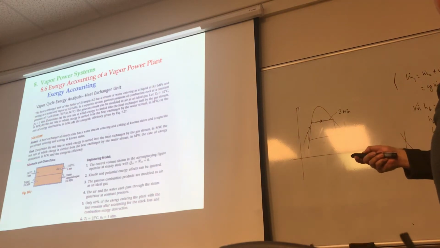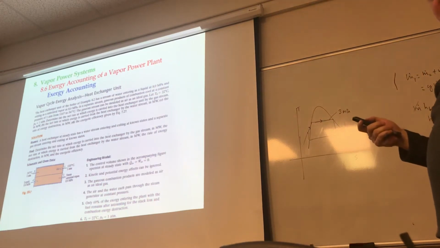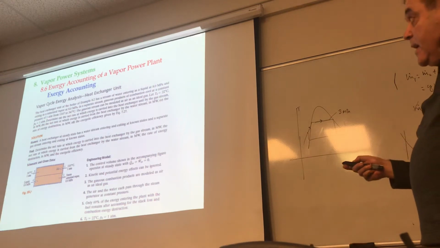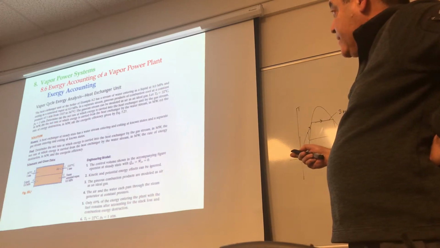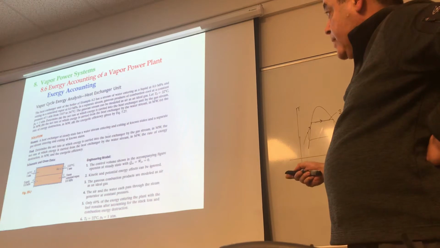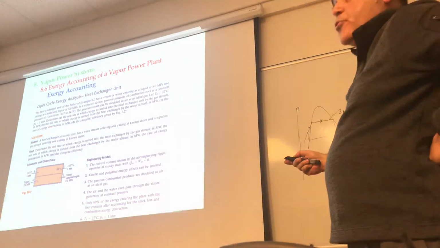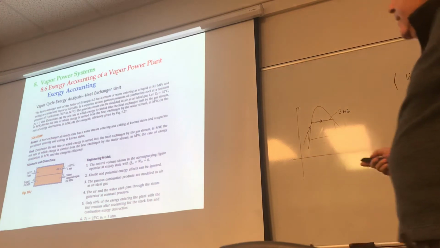Remember, this is an open system, so remember the EF in, EF out that we talked about towards the end of chapter 7. So determine the net rate at which exergy is carried into the heat exchanger by the gas stream in megawatts, and the net rate at which exergy is carried from the heat exchanger by the water stream, in megawatts, and then the rate of exergy destruction, and then the exergetic efficiency. So let's take a look at this.